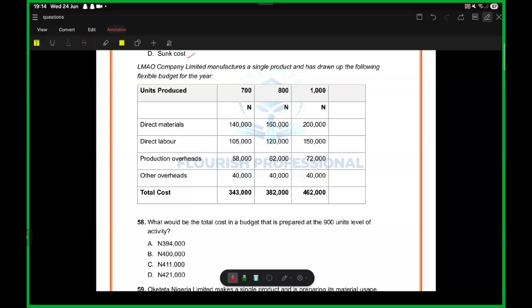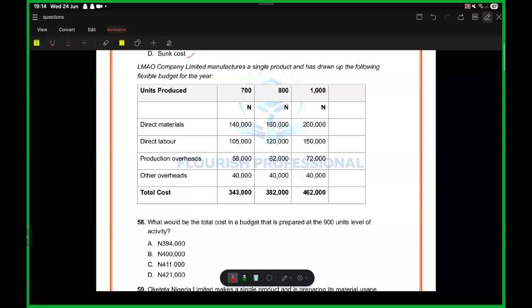Direct labor: for 700 units, 105,000; for 800, 120,000; and for 1,000, 150,000. Production overhead: for 700 units, 58,000; for 800 units, 62,000; for 1,000 units, 72,000. Other overhead: for 700 units, 40,000; for 800 units, 40,000; and for 1,000 units, 40,000.